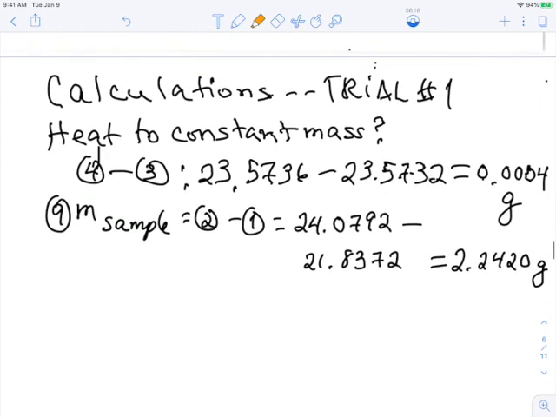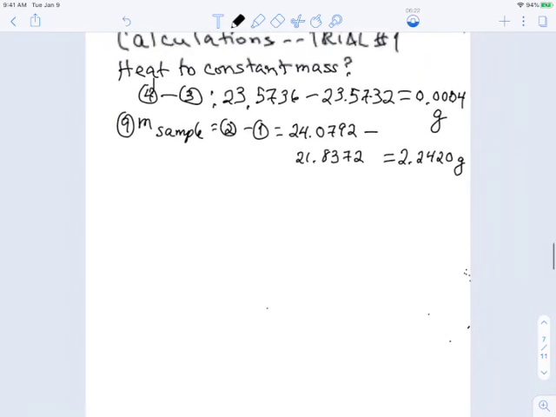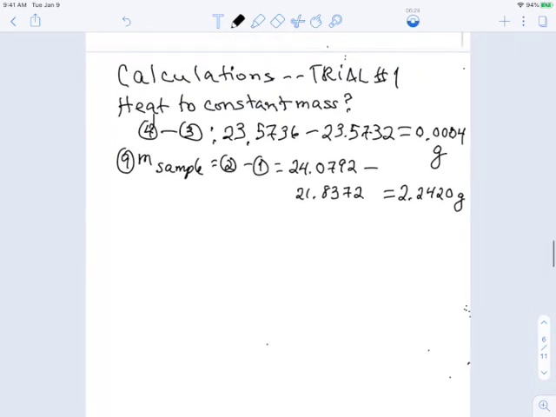So going back to my calculations here, I'm going to work now on item number 10, which is the mass of oxygen. And like we said, that should be the difference between the starting mass and the final mass.